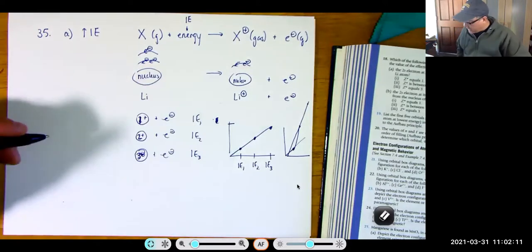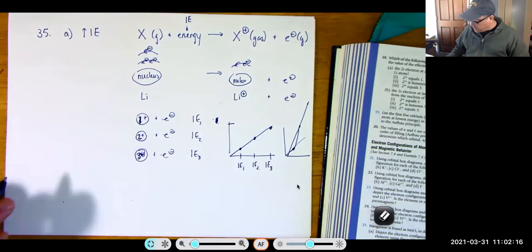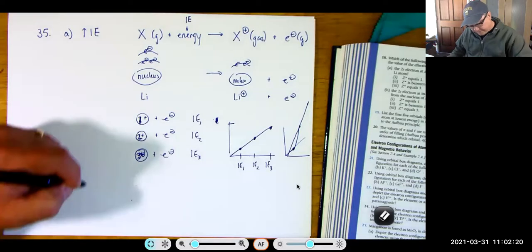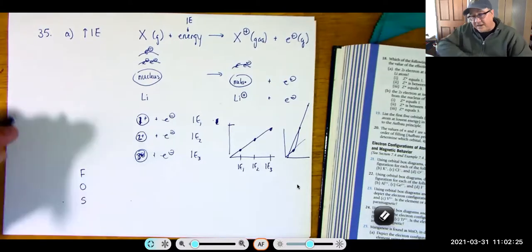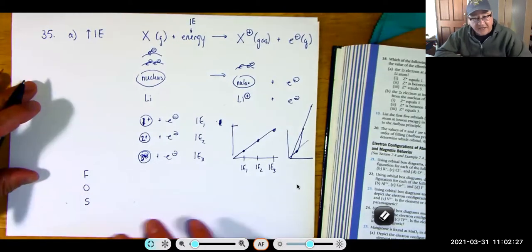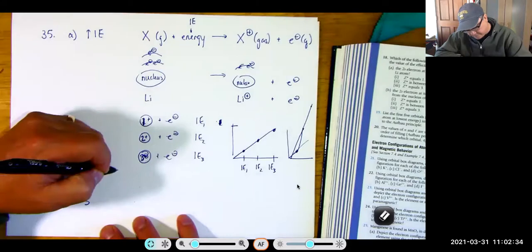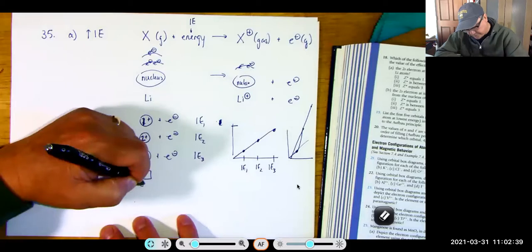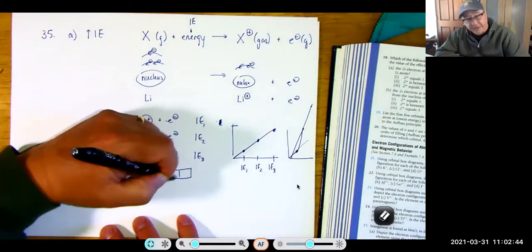Okay, so for A, we're supposed to answer, place the following in order of increasing ionization energy. So we've got fluorine, oxygen, and sulfur. For these, it really helps to write out the orbital box diagram. So for fluorine, it's going to be helium, 2s2, 2p5.